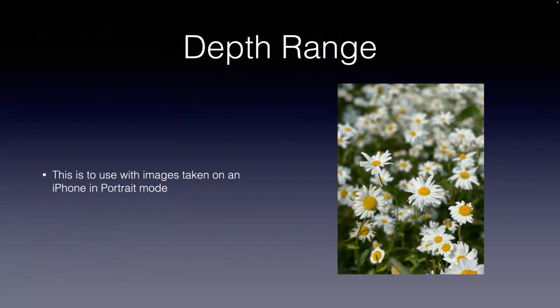As far as I know, it only works on iPhone photos that have been taken in portrait mode, which, if you have an iPhone with portrait mode, you know that's what gives you the depth of field here, the in focus flower versus the blurry flowers in the background. So it's working on depth within the picture, and an iPhone in portrait mode creates what's called a depth map, and that's what this uses.